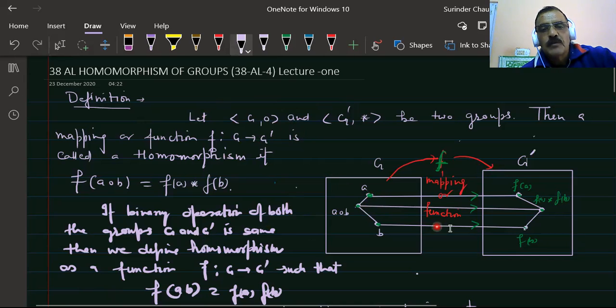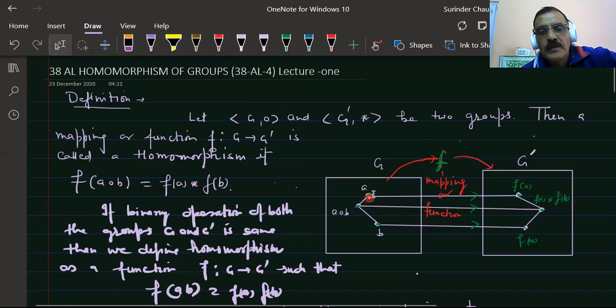Now let me understand this from this diagram. This is G. Suppose it contains elements A and B belonging to G, and G is a group with composition O. So A composition B is also an element of G because of the closure property of a group. Now G dash is another group with composition star.